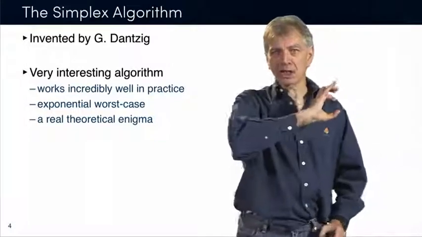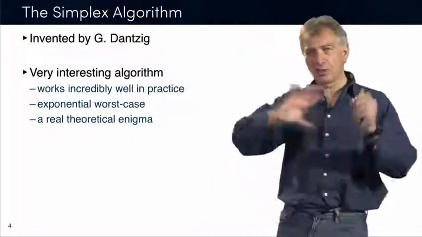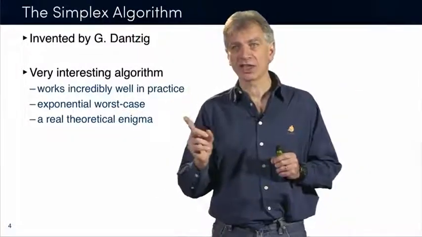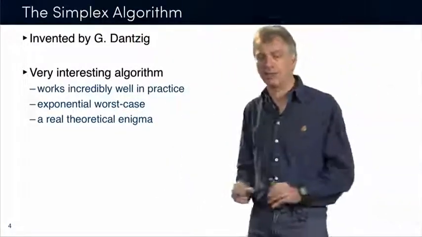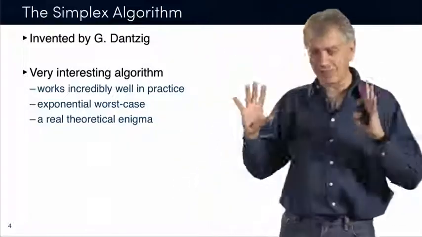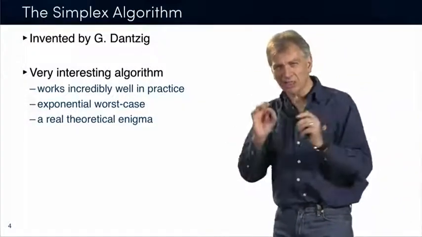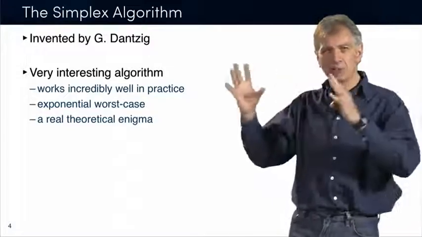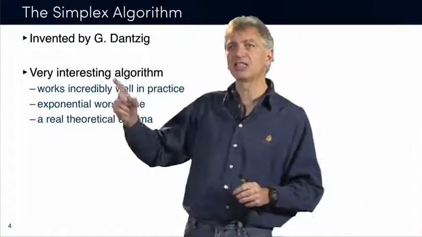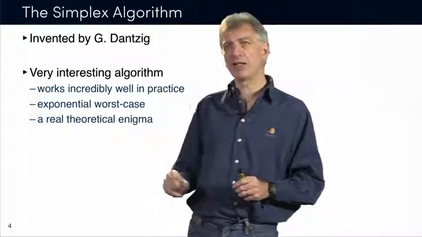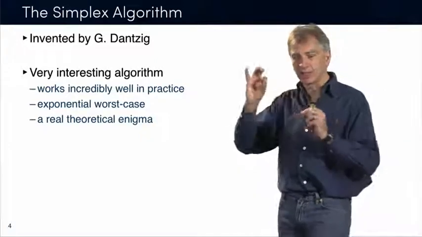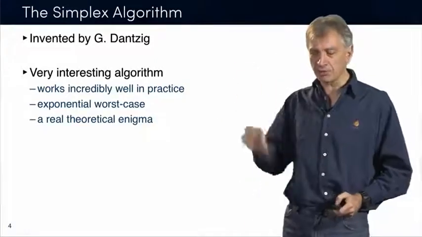It works incredibly well in practice, always solving this problem really fast in general, but it has an exponential worst case. In the worst case, it's terrible, but this worst case almost never seems to happen. You can construct examples where it will happen, but they don't seem to happen in practice. From a theoretical standpoint, nobody really understands why this is the case, and there are some very nice theoretical issues, very simply stated, that nobody knows the answer to. So, a very interesting algorithm.